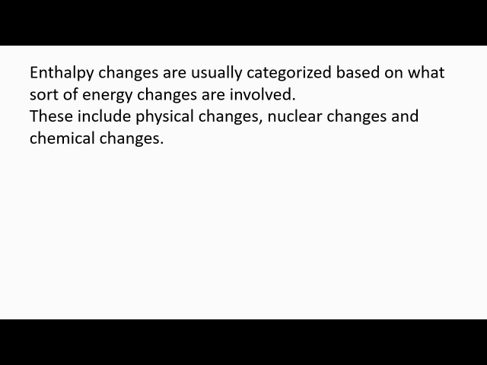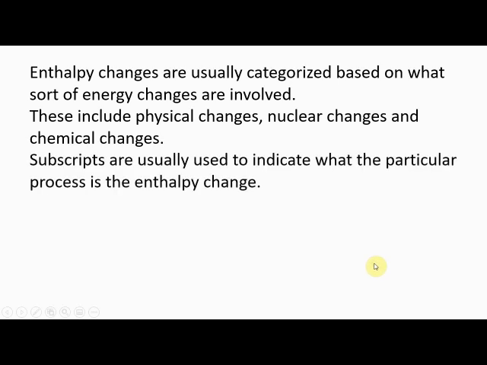We can have nuclear changes, and then we can have chemical changes, so chemical reactions of different sorts. And so quite often you will see a subscript attached to the delta H value that will indicate what type of enthalpy change you're actually looking at. That's important because now we can identify specifically the enthalpy change that we're looking at.